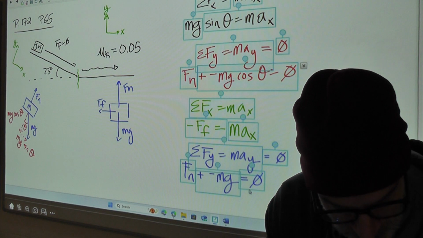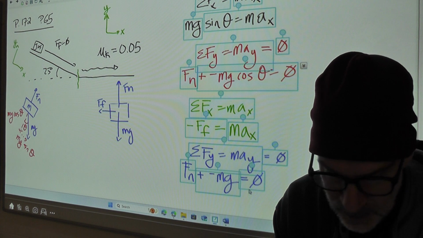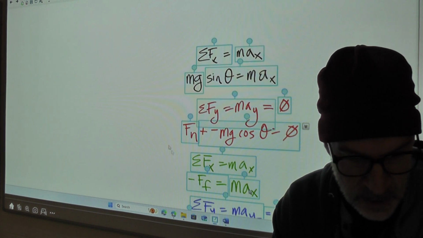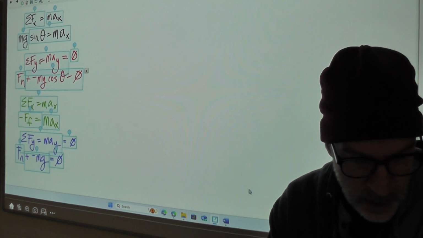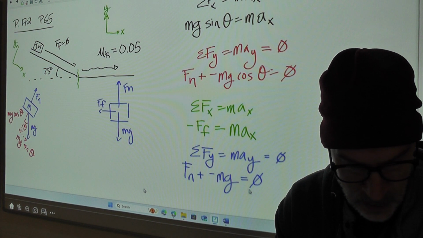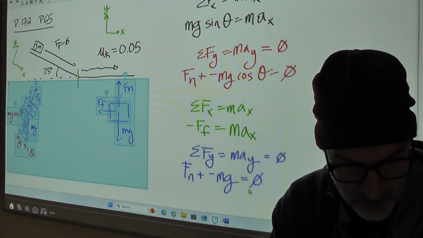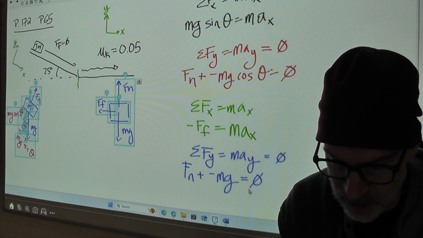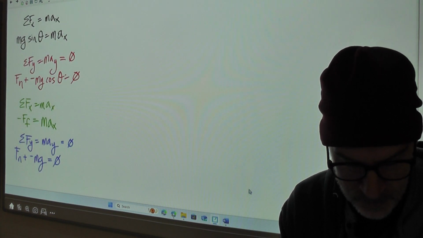Let's just look at these separately for a moment here. We're going to work through these equations. Ultimately, we're going to need to think about these free body diagrams as well.